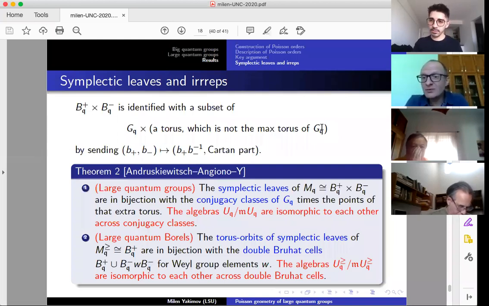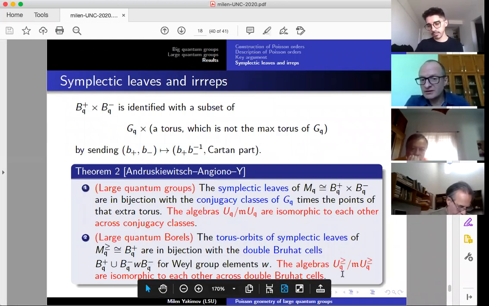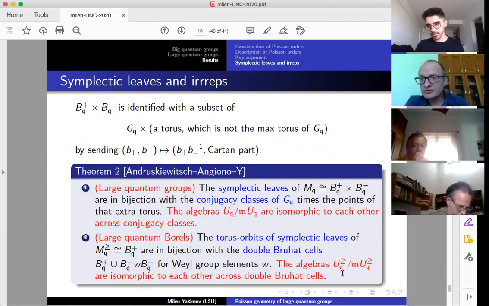I think that one is obtained from the other by a certain twist. So these are not exactly the same algebras. That's my understanding. When you change the braiding matrix Q, in certain situations one algebra is going to be a twist of the other.